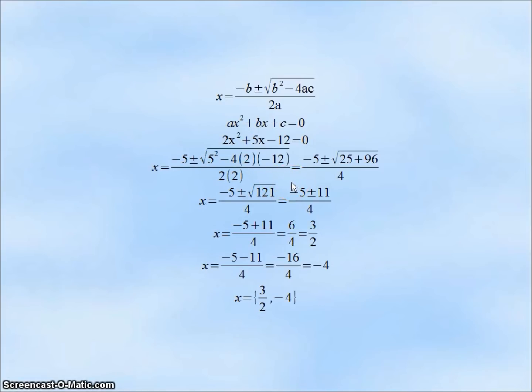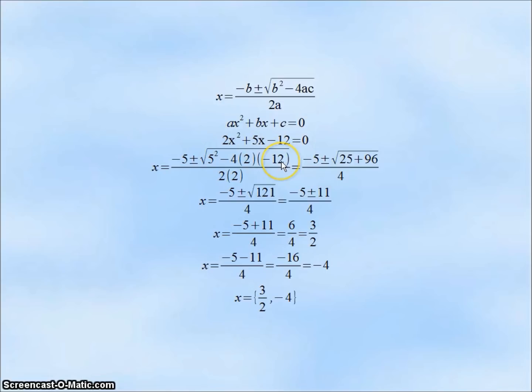A big mess, but we've got everything plugged in okay. So let's just evaluate. Negative 5 plus or minus. Let's evaluate 5 squared. Gives us 25.